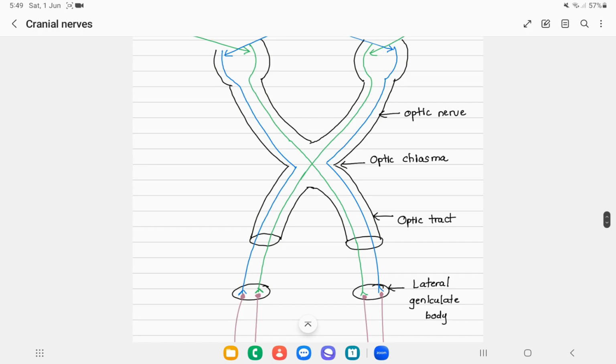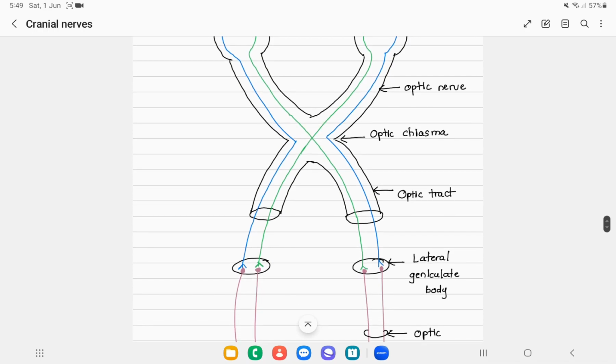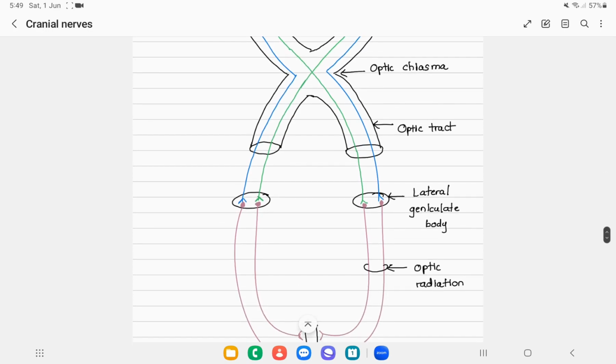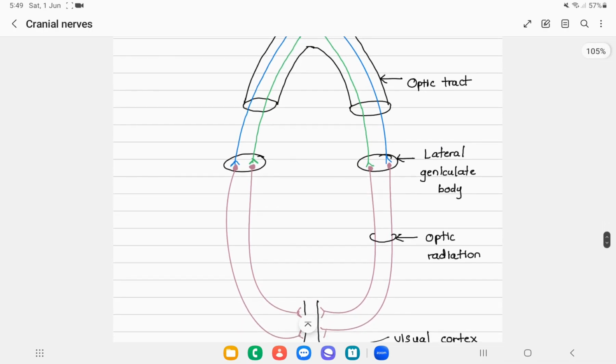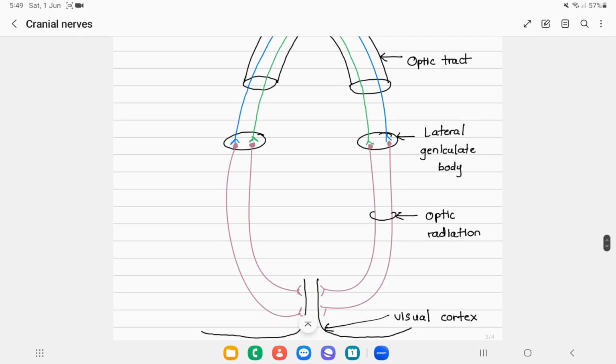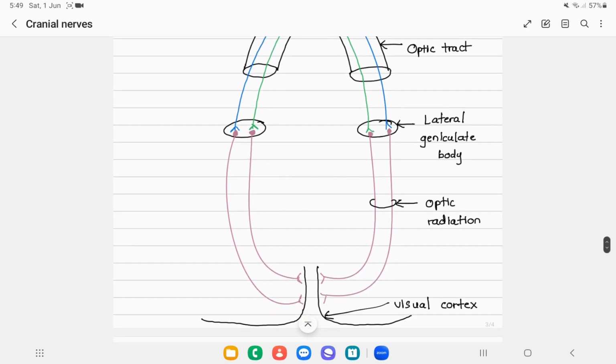It terminates on the lateral geniculate body, and the neurons of the lateral geniculate body are the third order neurons. Then they give origin to the optic radiation, which terminates on the visual cortex. So now I'm going into detail about the pathway.